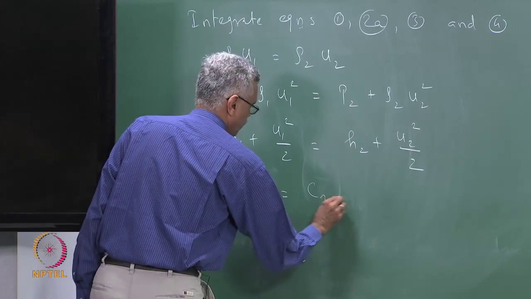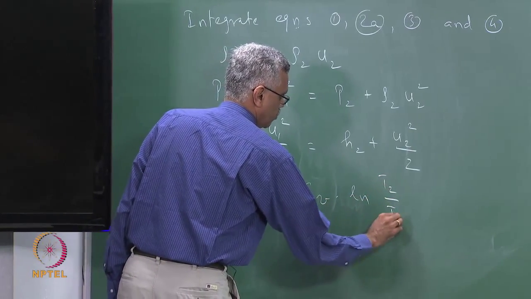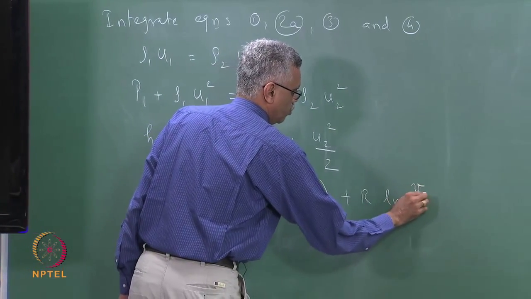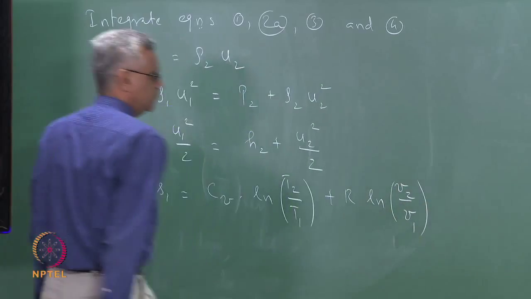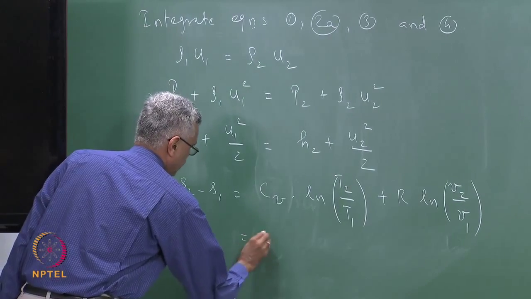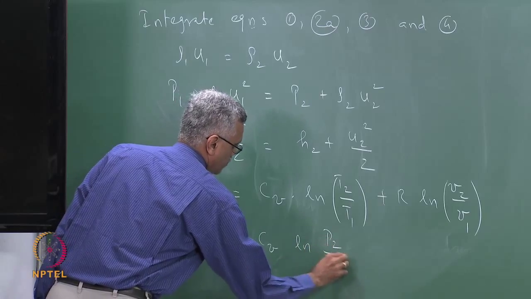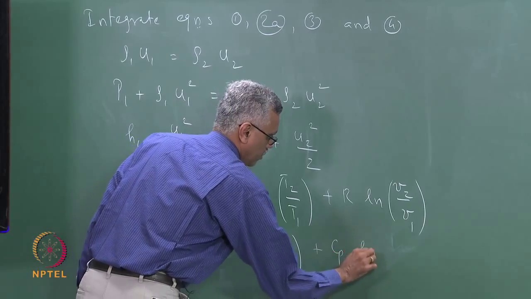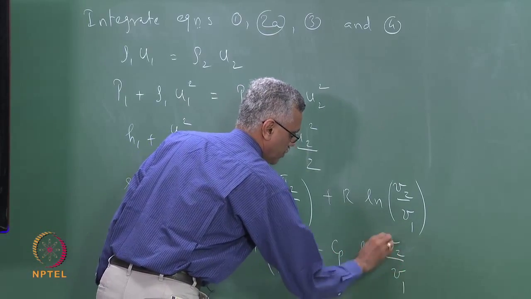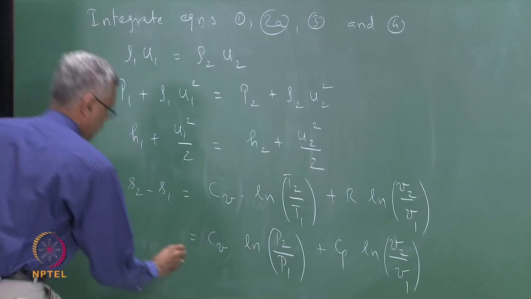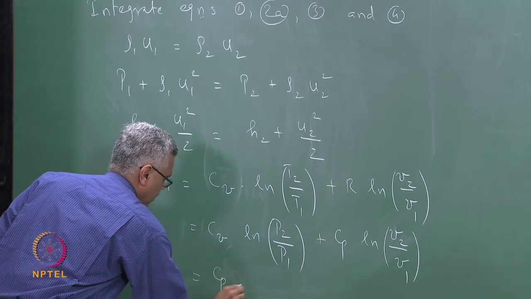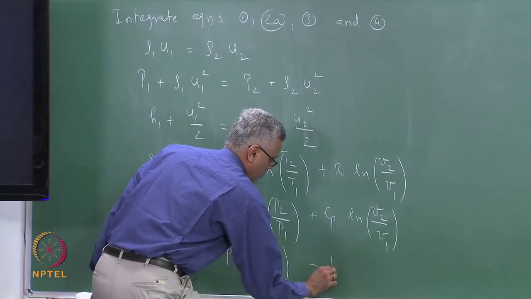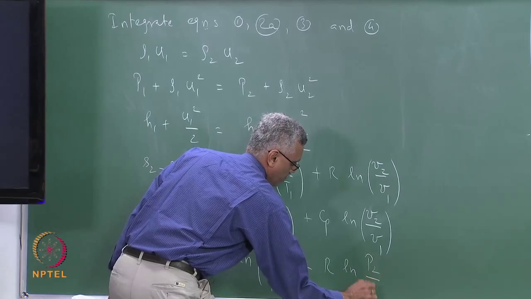Cv natural log T2 over T1 plus R natural log V2 over V1, or I can write this as Cv natural log P2 over P1 plus Cp natural log V2 over V1, and one more, which is Cp times natural log T2 over T1 minus R natural log P2 over P1.